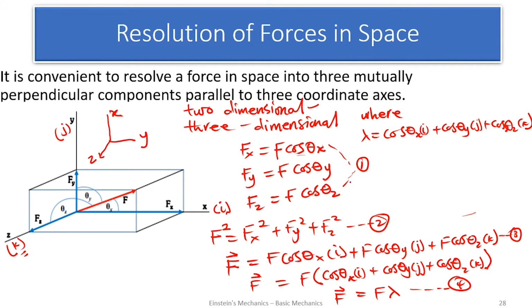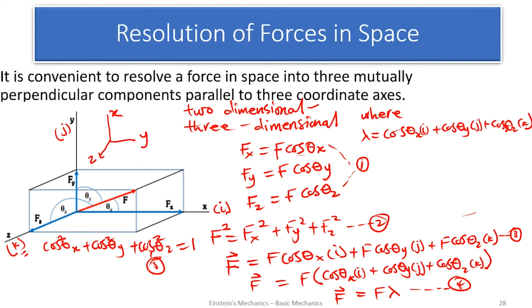And then again, since there are angles it makes with the axes, bear in mind this formula also works: anytime you add cos squared theta x plus cos squared theta y plus cos squared theta z, you are going to get 1.